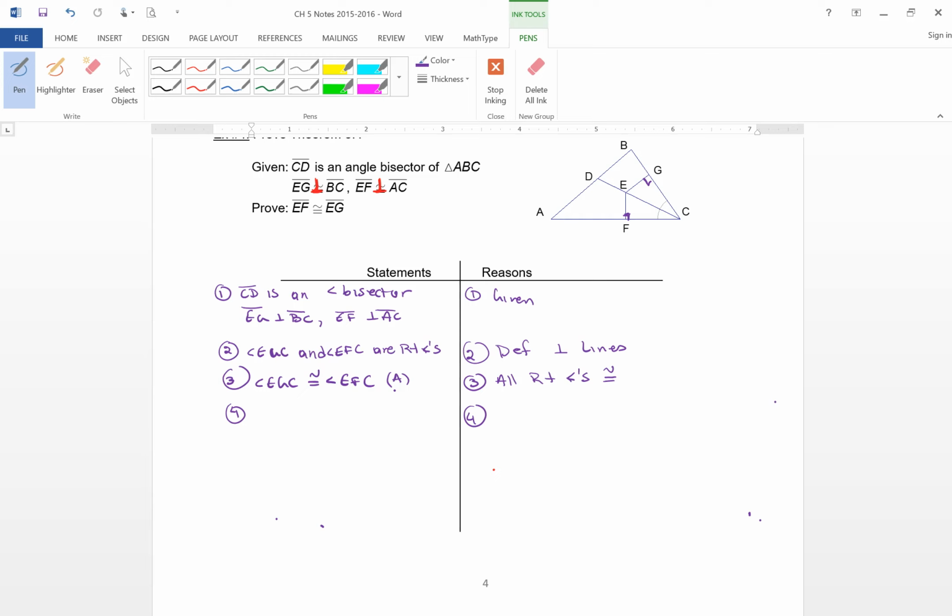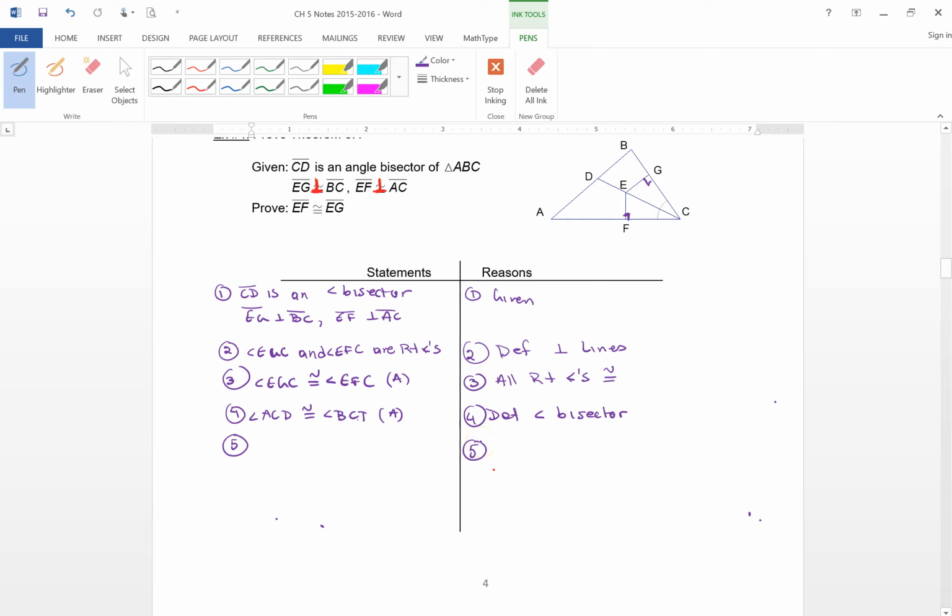ACD and BCD are congruent. Why? Exactly. So angle ACD is congruent to angle BCD. That's my other angle. Definition of angle bisector. What else do we know is congruent?